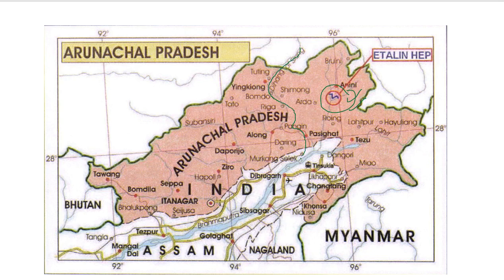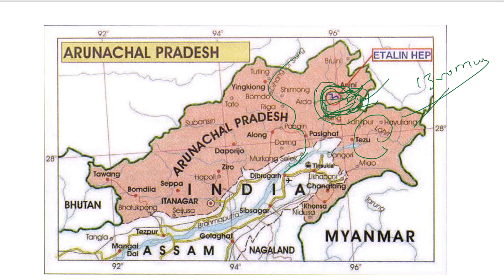This is the Dibang River, or the Brahmaputra River as it is called in the Assam Valley. This is the Lohit River, and here is located the Etalin hydro project. This is a very rich biodiverse area, and constructing a 1300 megawatt hydroelectric project in this area endangers the sustainability and the geological stability of this area.